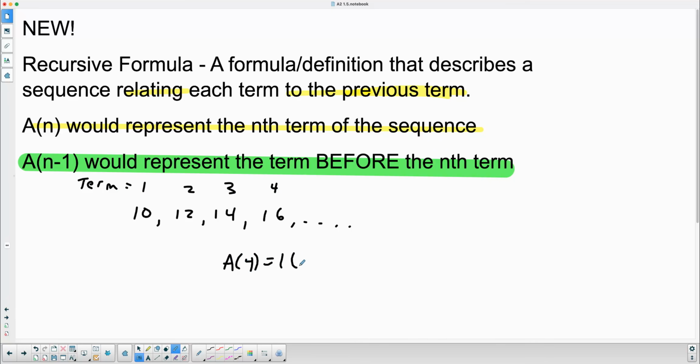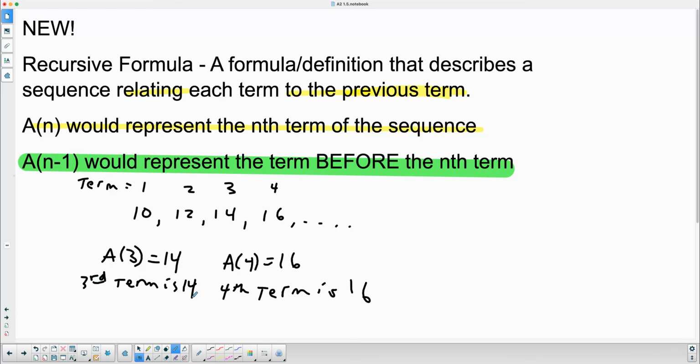A_4 equals 16. That means that the fourth term is 16. So what would be the term before that? Well, it would be the third term. A_3 equals 14. That means the third term is 14. So if you notice there, 4 and 3, the index of the previous term is always going to be 1 less.